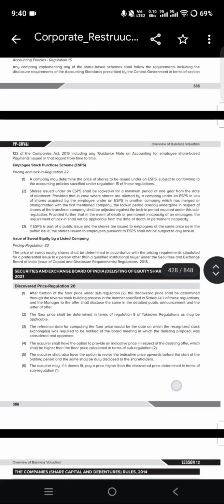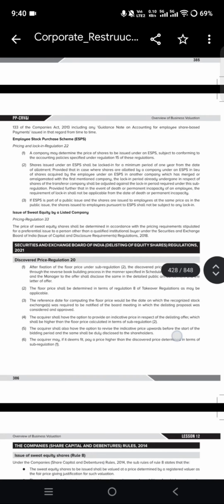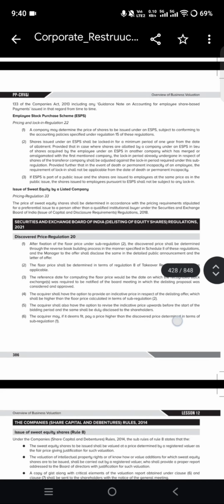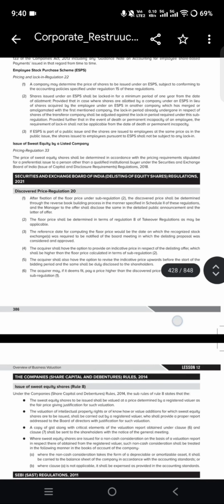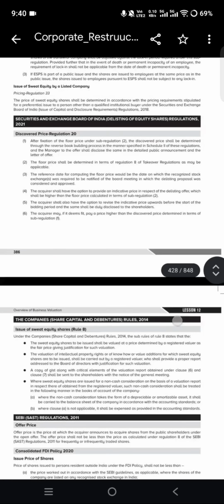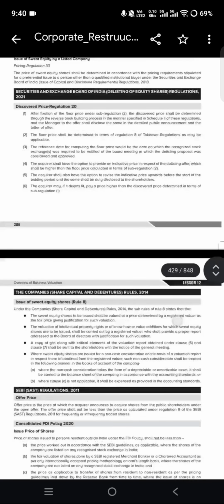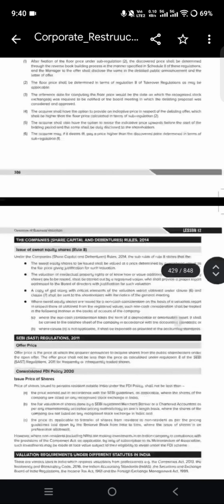Yes, allowed. The issuer may offer its specified securities at different prices, subject to RII, retail individual investors, being entitled to the reservation made. So the RII reservation can be made out of the shares being issued. Securities may be offered at a price lower, but not lower than 10% of the price at which the net offer is made to other categories of applicants, excluding the anchor investors. Means the price charged to anchor investors will not be included in the calculation of the 10%.